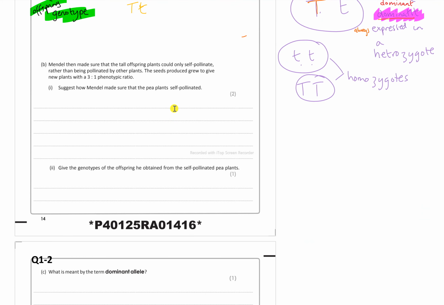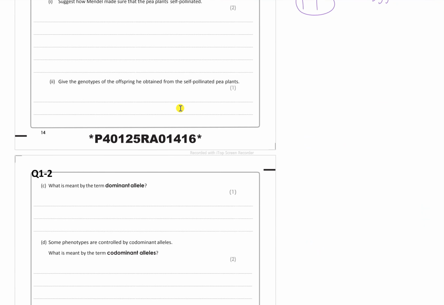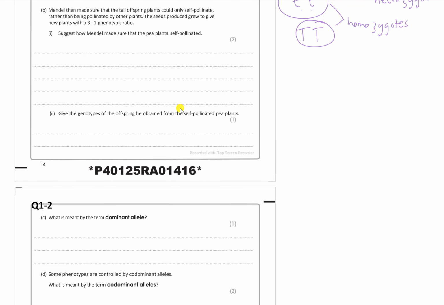What did Mendel then do? He then made sure that the tall offspring plants could only self-pollinate rather than being pollinated by other plants. The seeds grew to give new plants in the ratio of 3:1 phenotypic ratio. Let me draw this out because this is what they're trying to say.